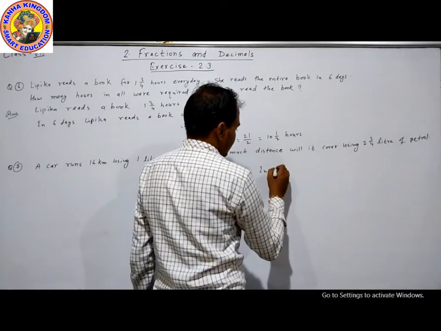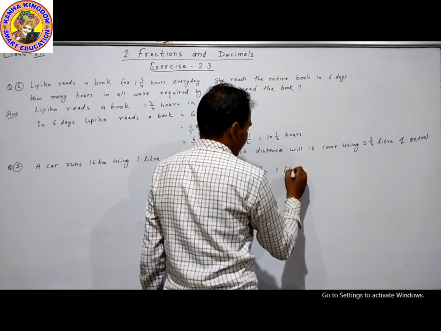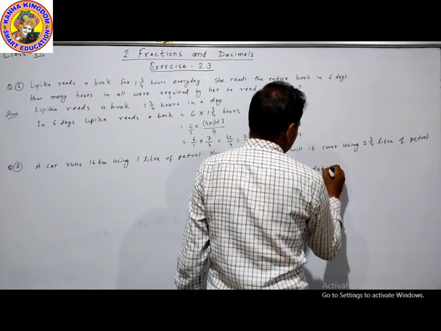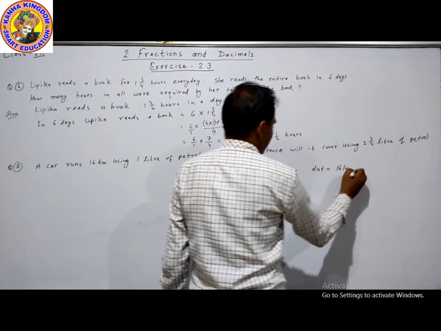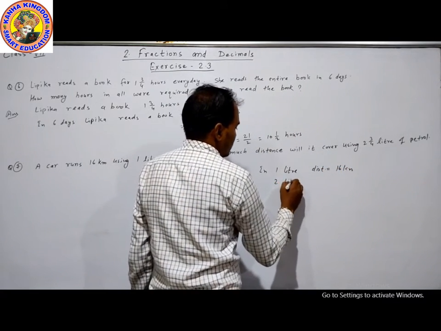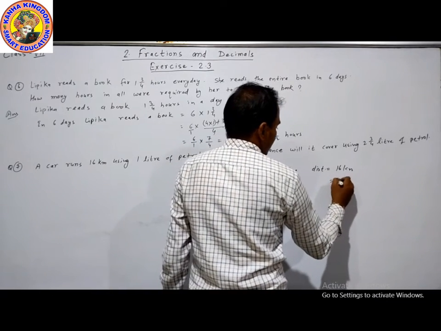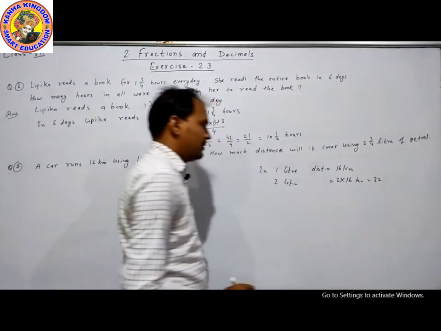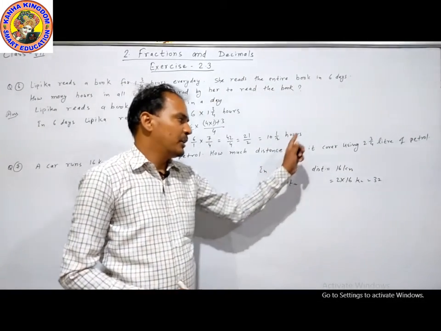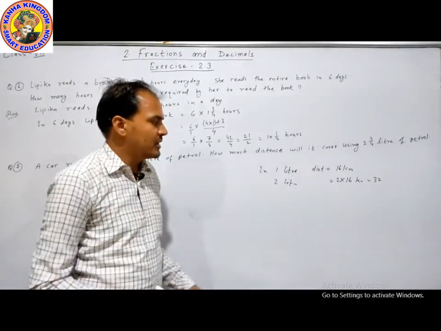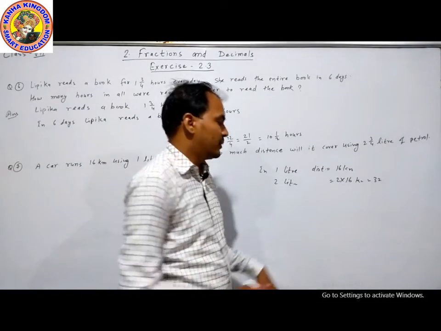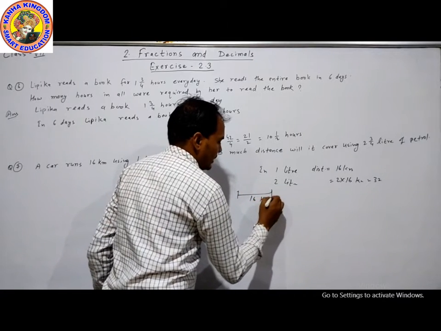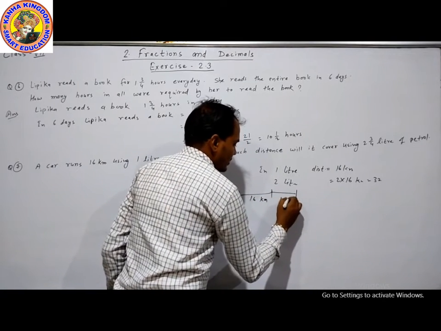In 1 liter, the distance traveled is 16 km. In 2 liters, 2 into 16, 32 km. In 1 liter of petrol, we can travel a distance of 16 km, then for 2 liters, 16 km and another 16 km.